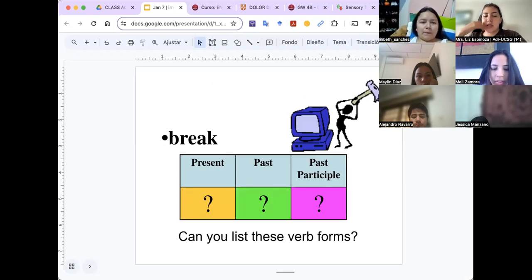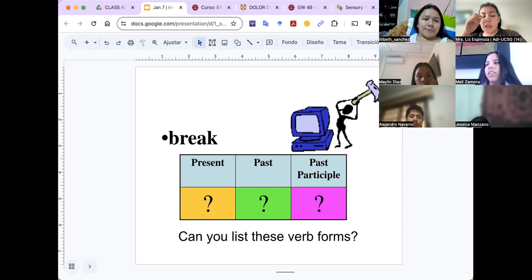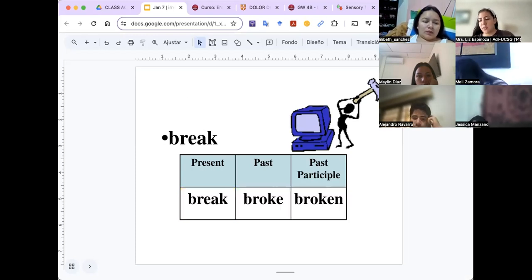Break, that is the present or the base form. What is the past of break? We saw that word in the reading, I think, right? Broke. Yes, very good.